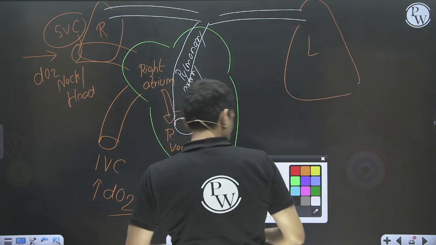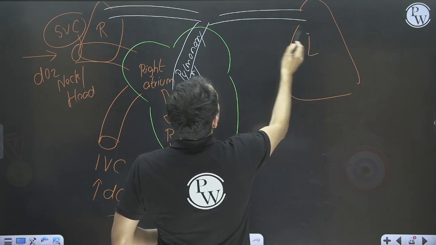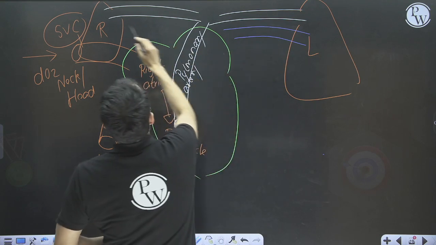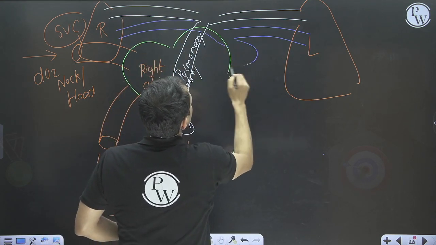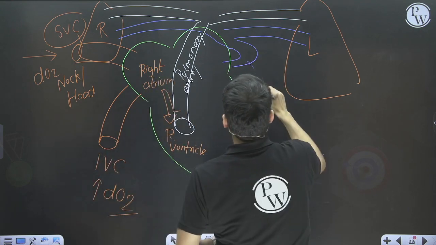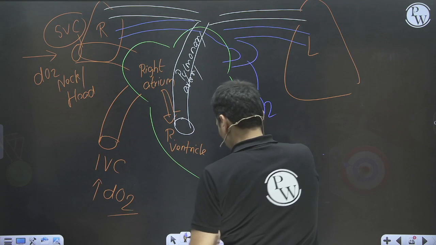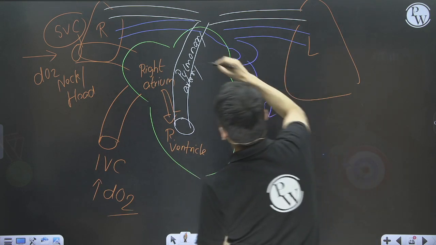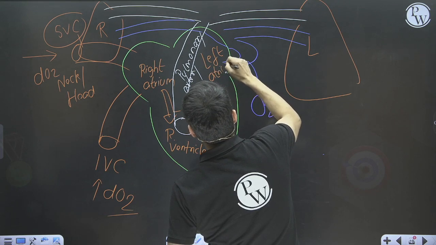And from the lungs, you see there are two veins. These are coming and forming the pulmonary vein, which is bringing the oxygenated blood back to the left atrium, right?